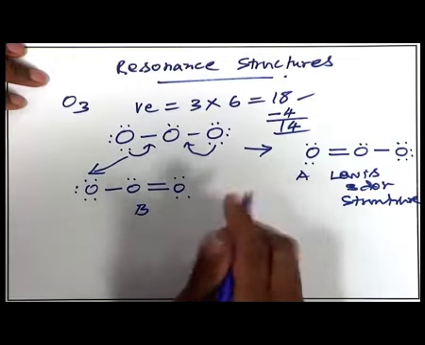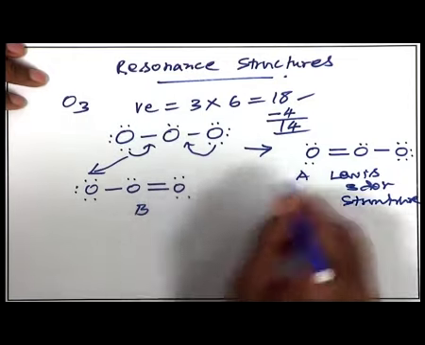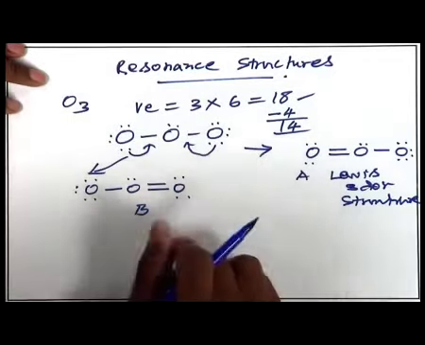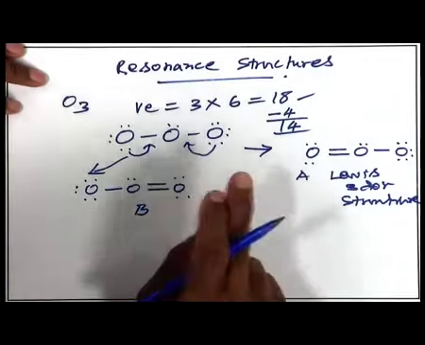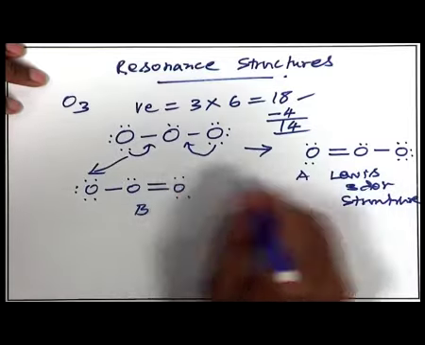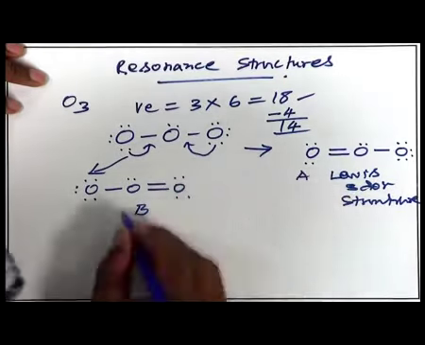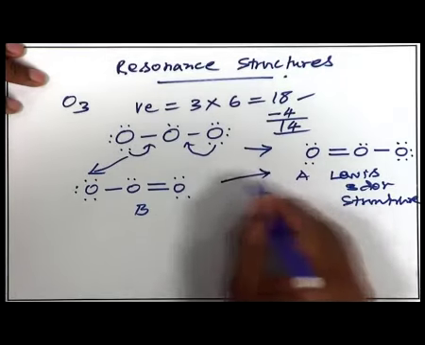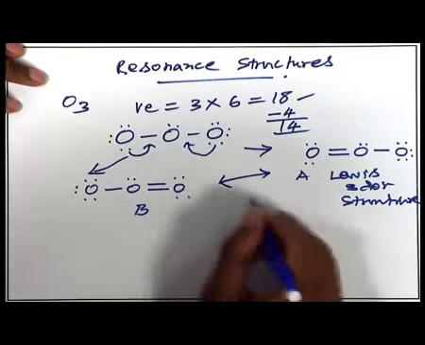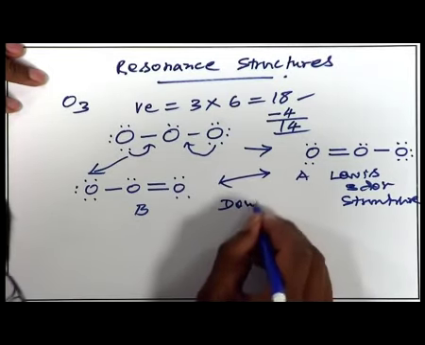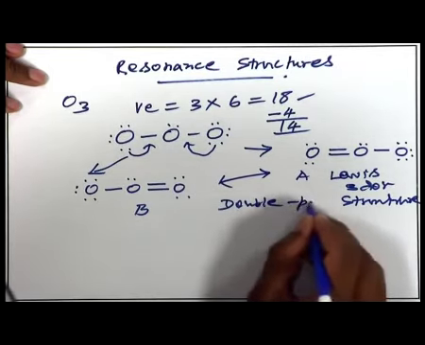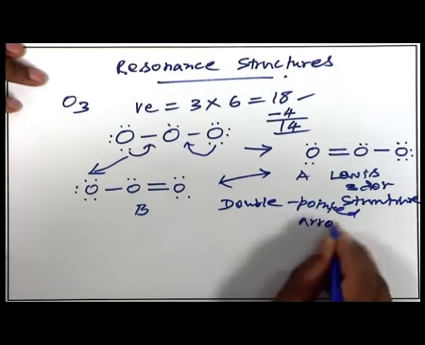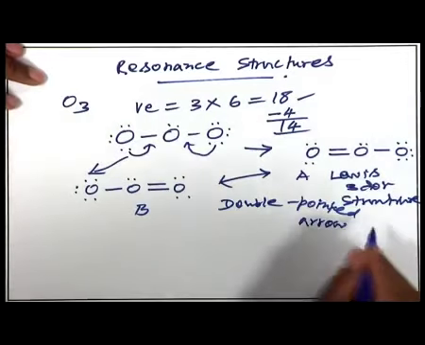So, these two structures, I am going to call them resonance structures. These two structures are correct Lewis structures, but the actual structure is not this one. They are called resonance structures, which can be represented by this type of double pointed arrows, or double headed arrows.